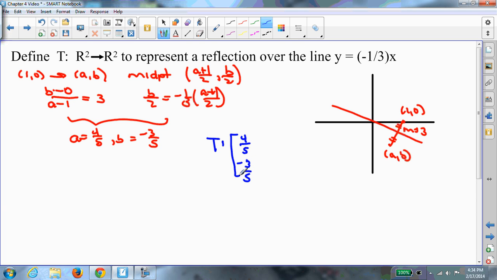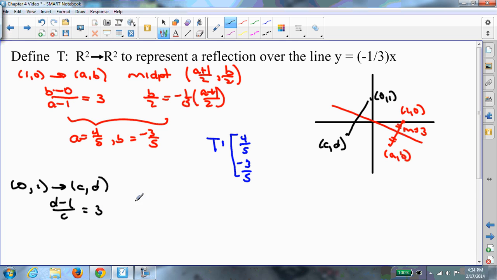Now I'm going to do the same with the other point. So if I take 0, 1 and reflect it, it's going to end up somewhere down here. So I will call that C, D. So 0, 1 maps to C, D. Same idea. Slope, D minus 1 over C has to equal 3. And the midpoint, D plus 1 over 2 has to equal negative 1/3 times C over 2.